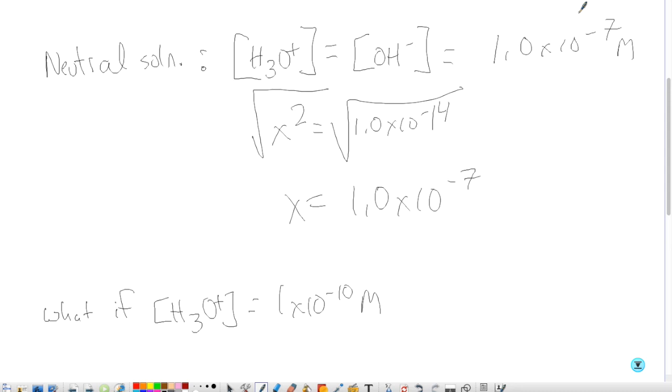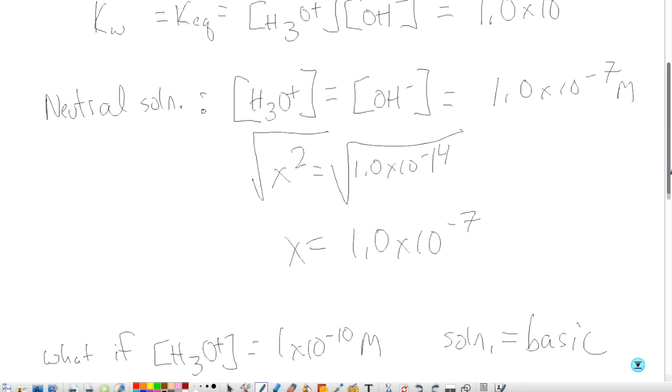So even though I give you information about hydronium ion concentrations, this has less hydronium than a neutral solution, which means that this solution here is basic. All right, well, that's interesting.